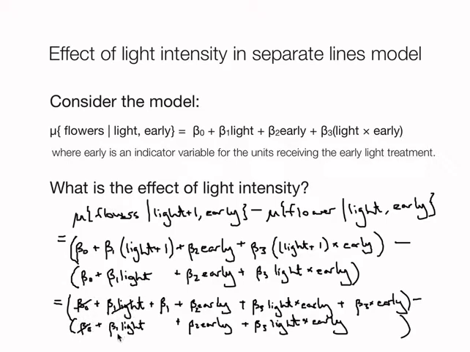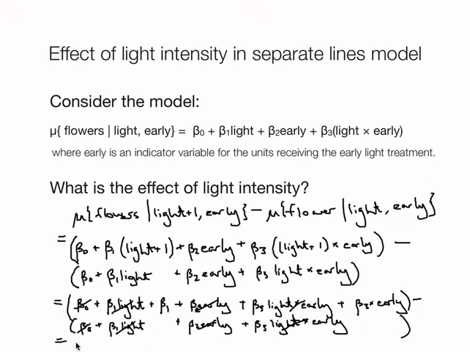The beta 1 times light will cancel with the beta 1 times light, beta 2 early with beta 2 early, and the beta 3 light times early will cancel with the beta 3 light times early. So I'm only left with these two terms, a beta 1 and a beta 3 times early.